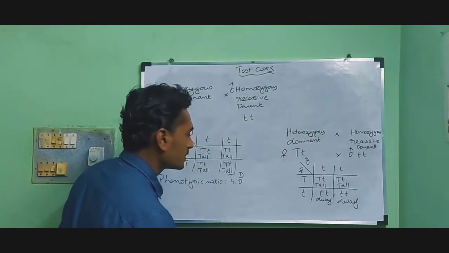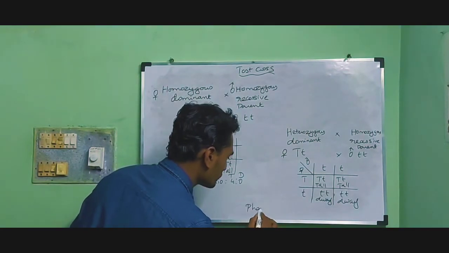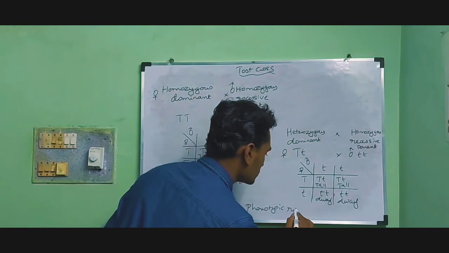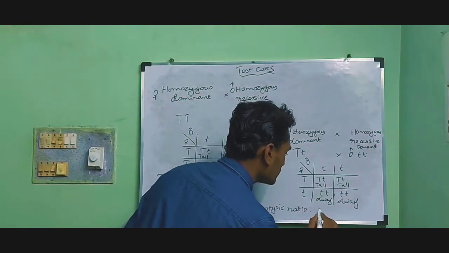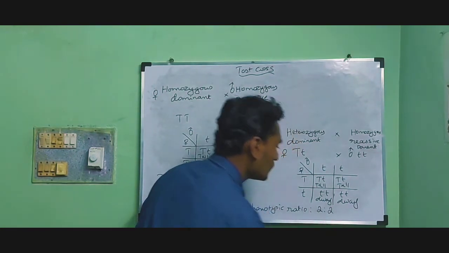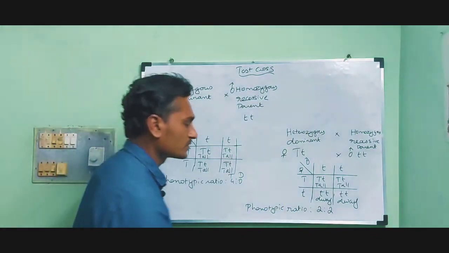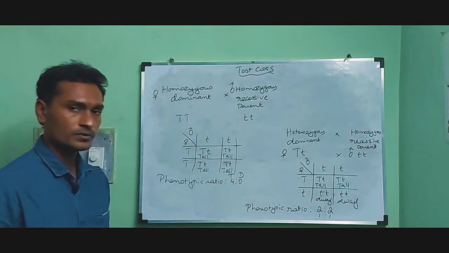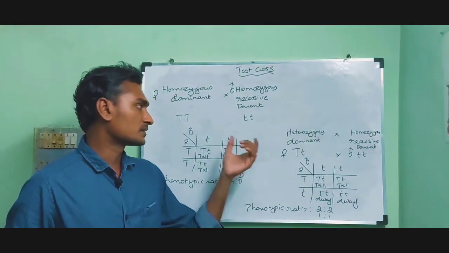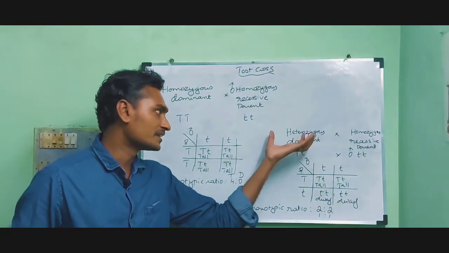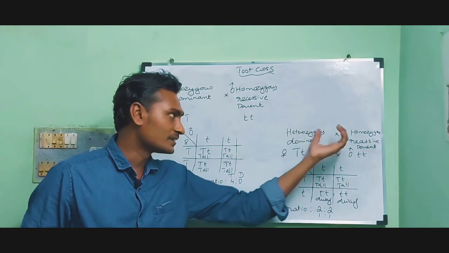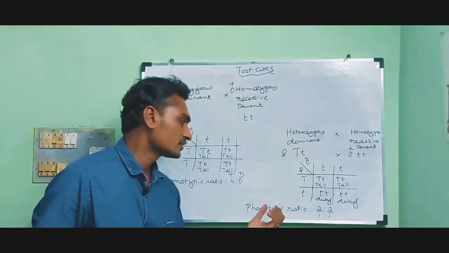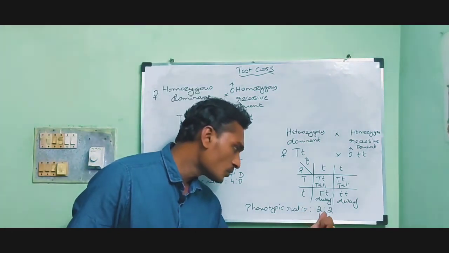The phenotypic ratio would be 2:2, which we can simplify to 1:1. So when a cross is made between a heterozygous dominant and a homozygous recessive parent, we get the phenotypic ratio 1:1.